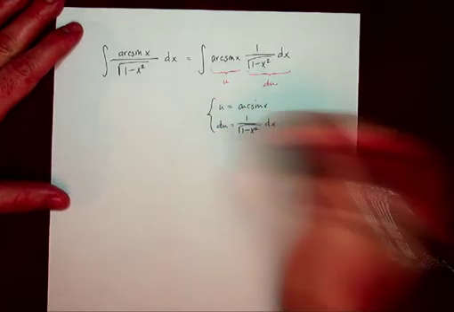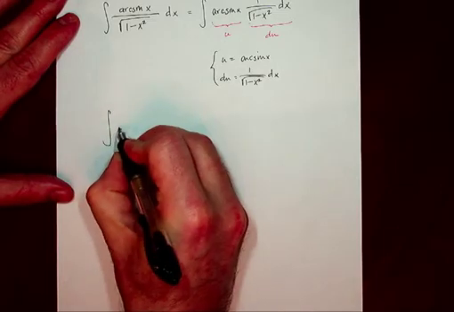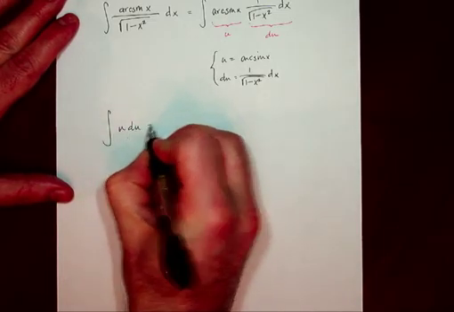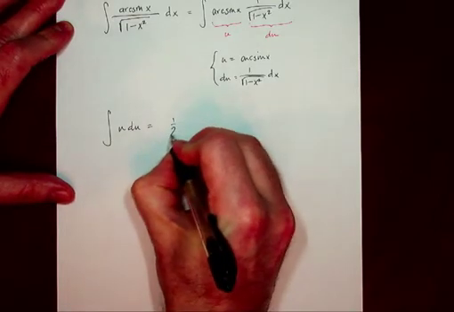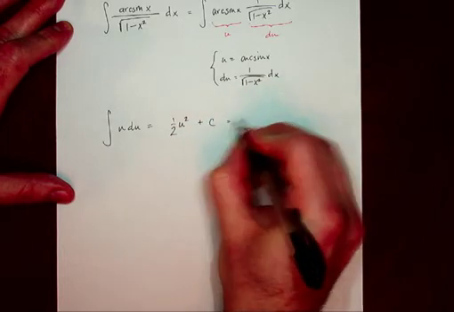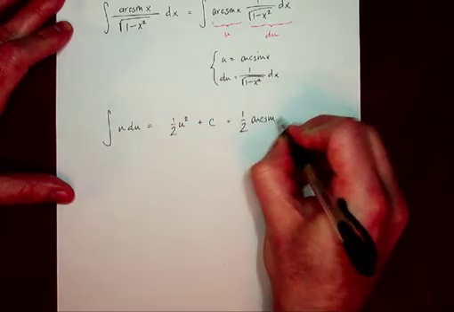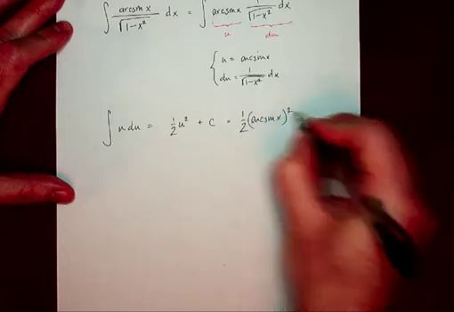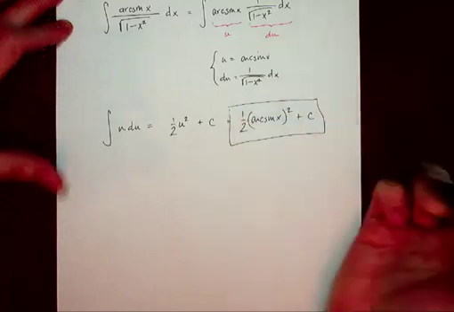Well, if that's the case, then what we have here is simply u du, which gives us 1/2 u squared plus c, or 1/2 arcsine x squared plus c. And that is indeed the answer, okay?